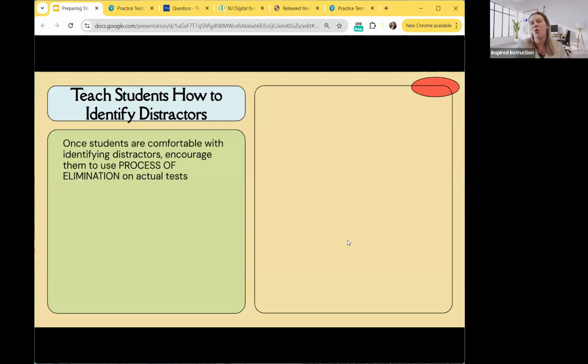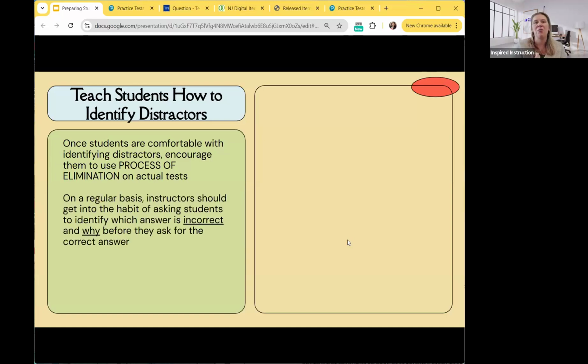Once they're comfortable with identifying distractors, they can move on to process of elimination on the actual test because they'll know what to look for. So you absolutely can teach them that if there's 4 choices, you have a right, a wrong, and 2 possibles. Those 2 possible ones are the ones that you want to try to eliminate, because it's going to make your life easier since you're lowering the number of choices you have to choose from.